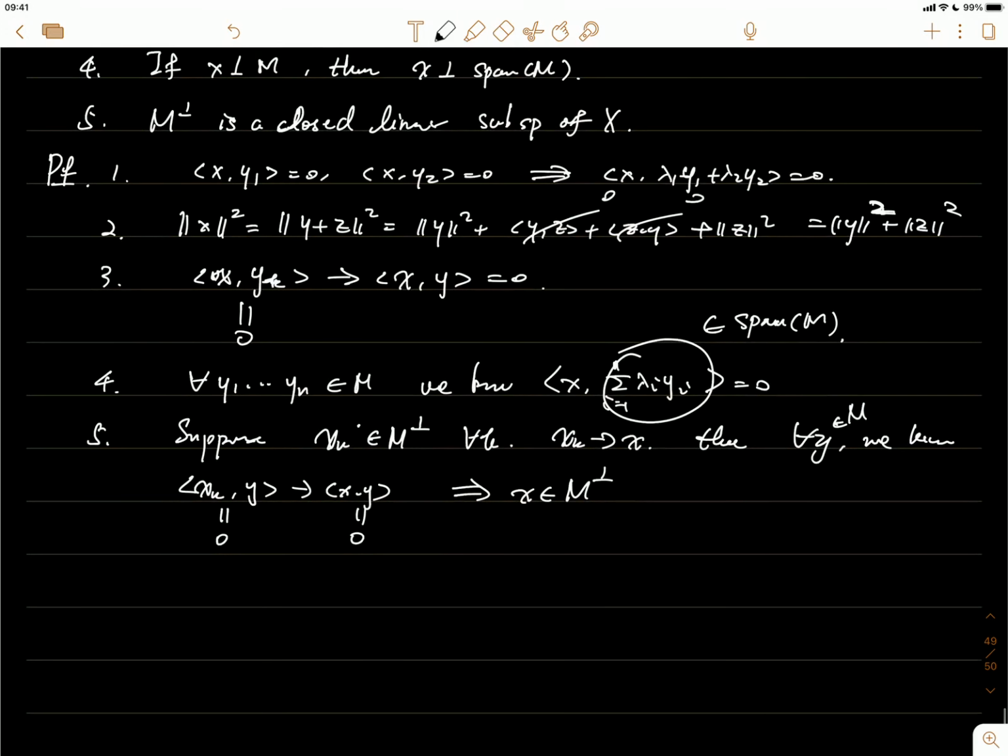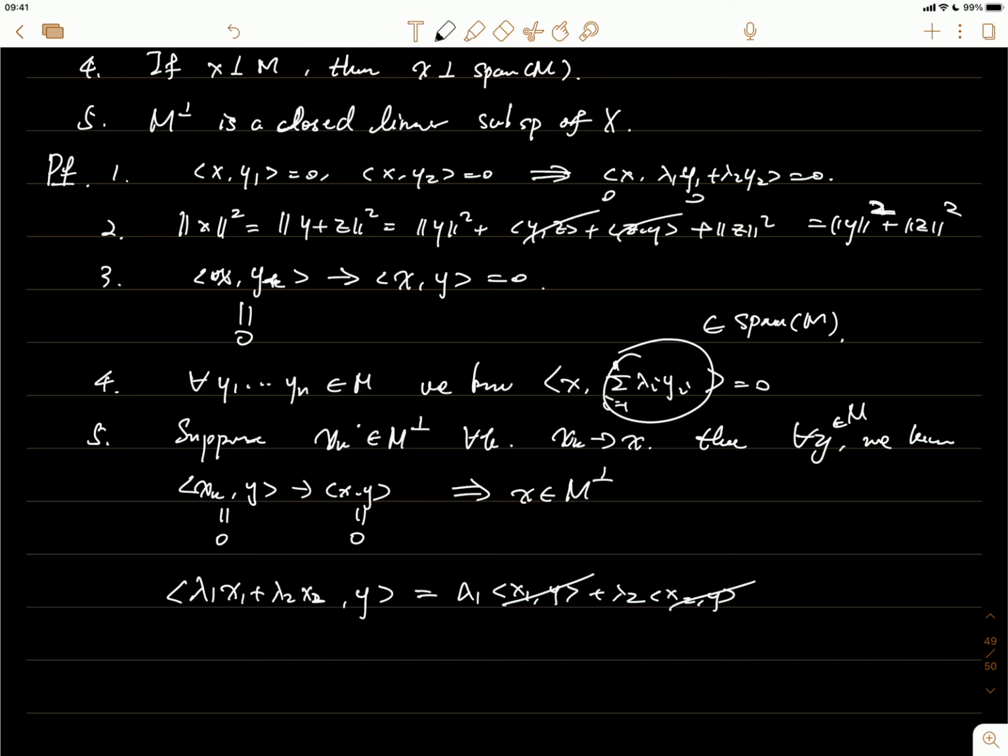Okay, it's closed. And linearity is easy to show, right? For example, you have lambda 1 x1 plus lambda 2 x2. If you take the inner product of this with y, where y is some arbitrary vector from M, then this is just lambda 1 times the inner product of x1 and y, plus lambda 2 times the inner product of x2 and y.